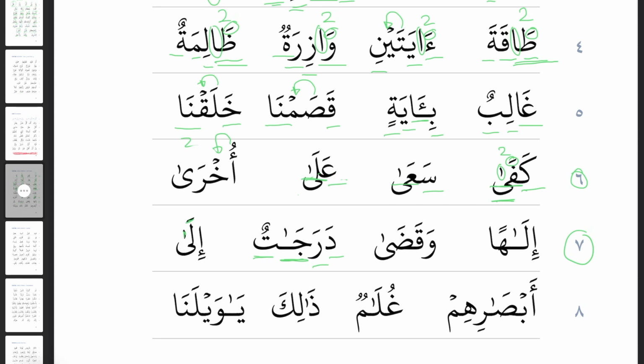So let's just read the last line and then we're done. We have aba. So that's a revision of letters with sukoon that take the bounce. If you don't know what I'm talking about, go back to the sukoon page. Aba, saw, him.